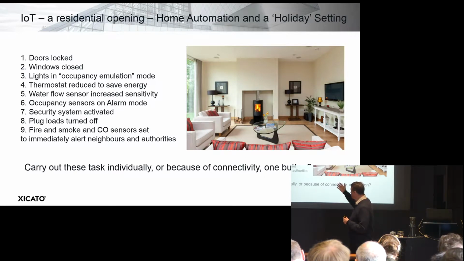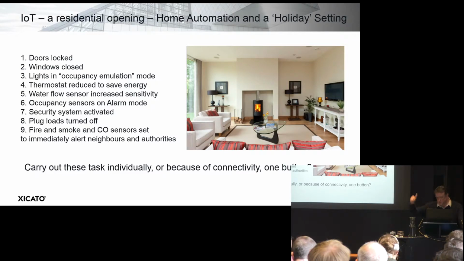So the example I give is if you go on holiday, what makes best sense: to use one switch on a tablet from a smart home, or these days more likely one of the voice-activated smart speakers from Amazon or Google, or to sequentially go through all these different things. Are the doors and windows locked? Are the lights in occupancy emulation mode, so some kind of time sequence?